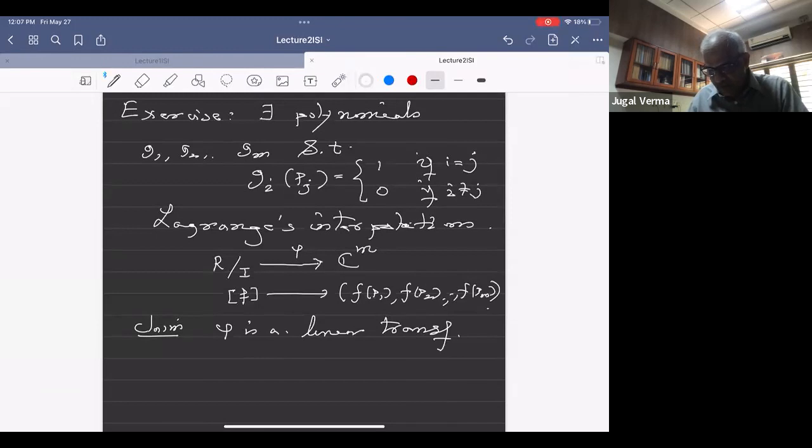The variety defined by I consists of these m distinct points P1, P2, up to Pm. And from the way we add residue classes of polynomials, it is clear that this map phi is a linear transformation. Please verify yourself that phi is a linear transformation.